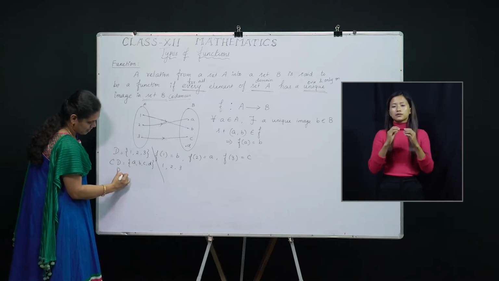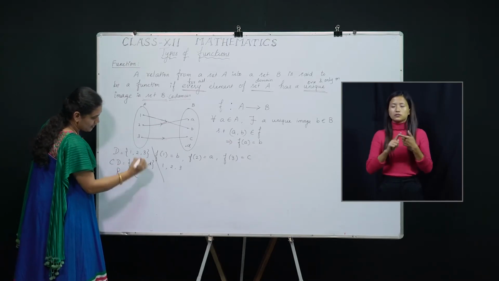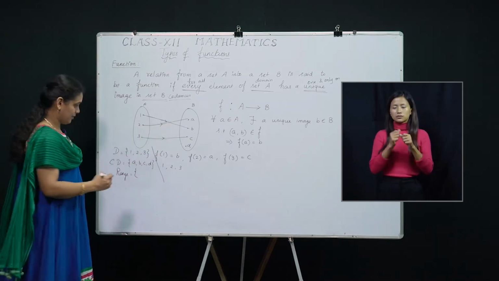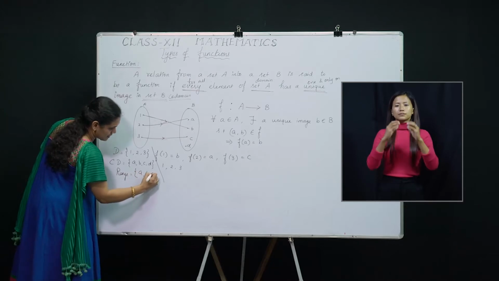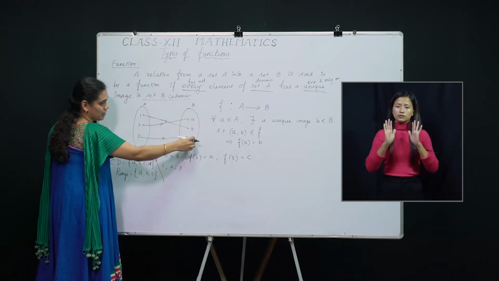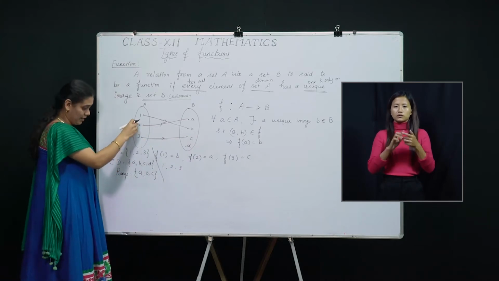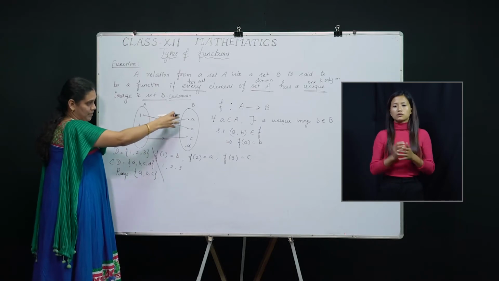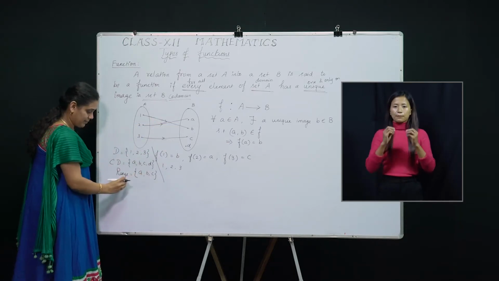And range is the elements which are the images of set A. So that is A, B, C. These three elements only are the images of some elements of A, right? Therefore, we take only those elements which are under this mapping. So that is range.